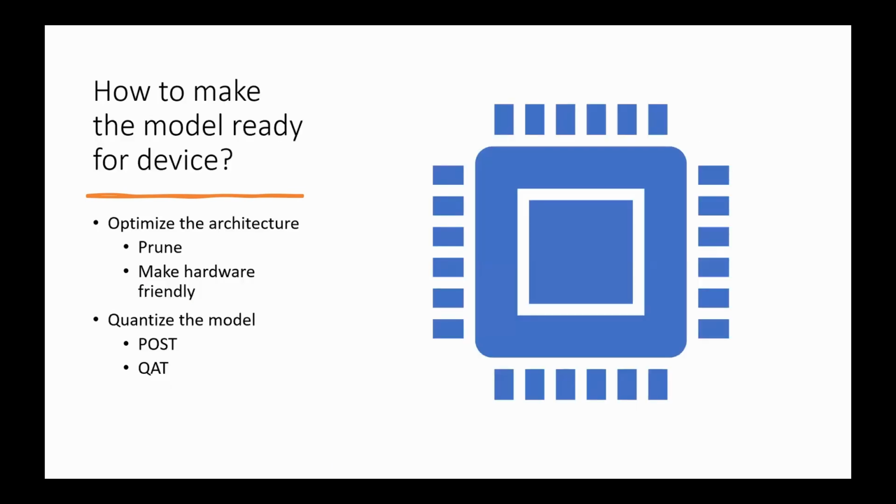Once I want to put a model on the device, I usually go through these cycles. I optimize the architecture that I have. That means I may do some neural network pruning, removing some of the weights. I may do some tricks to make them hardware friendly.